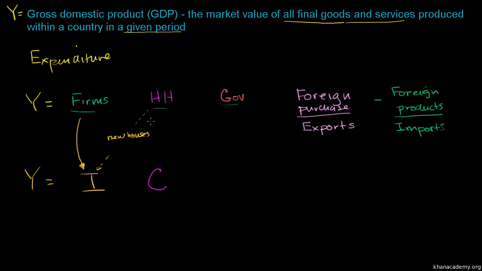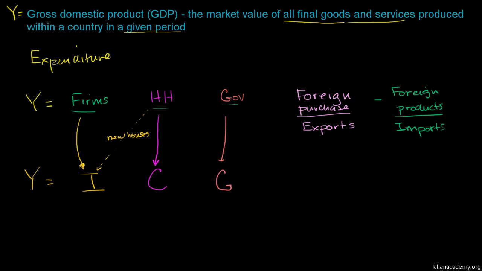And then everything that the government spends on, whether it's the military and all the salaries for police people and whatever they do, the groundskeeping at the White House, whatever else, if we're thinking about the US, that goes straight to G, government spending.